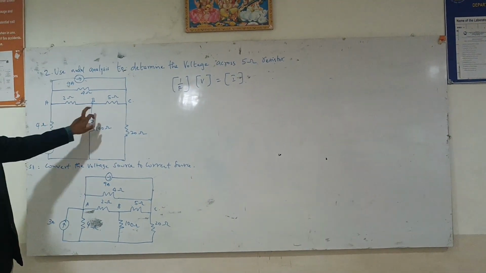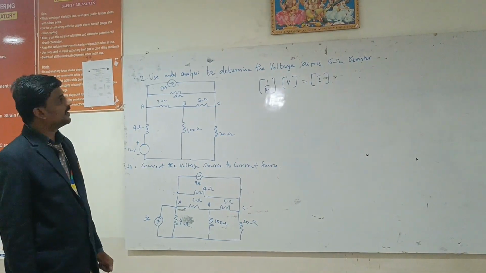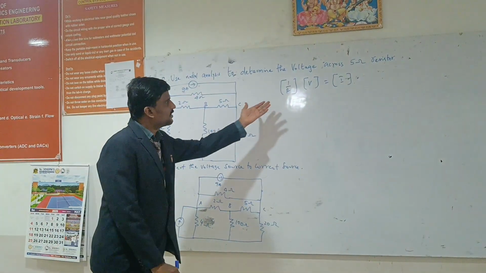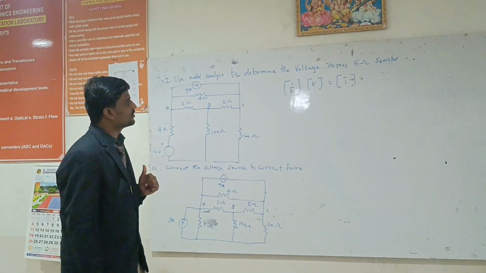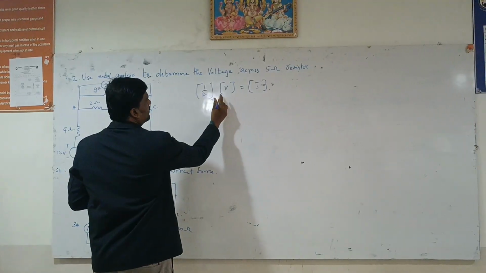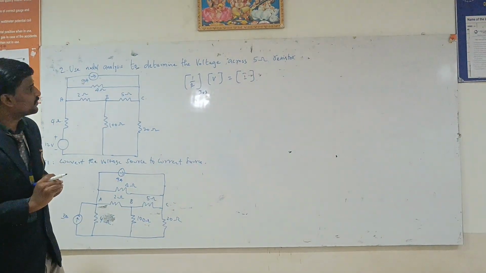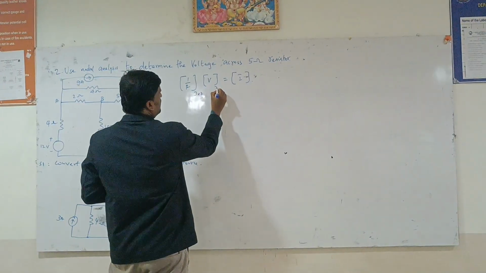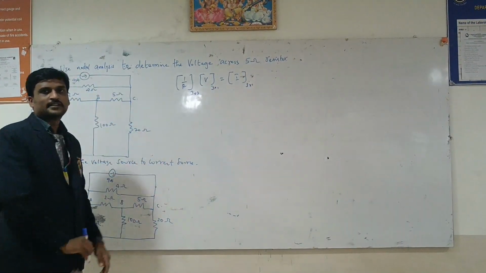This is A, B, C, and we can take a reference node. So totally we will be having 4 nodes. The size of the R matrix 1 by R will be n minus 1 into n minus 1. So here it will be 3 cross 3 matrix, and the V matrix is n minus 1 into 1, so it will be 3 cross 1, and similarly for I matrix it is 3 cross 1.